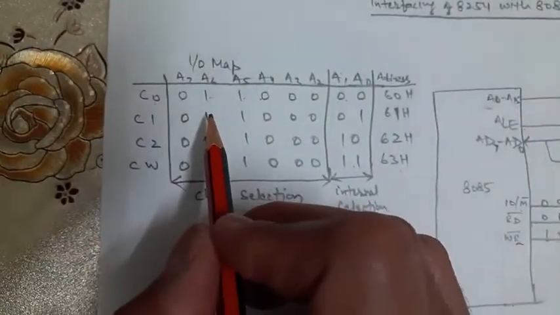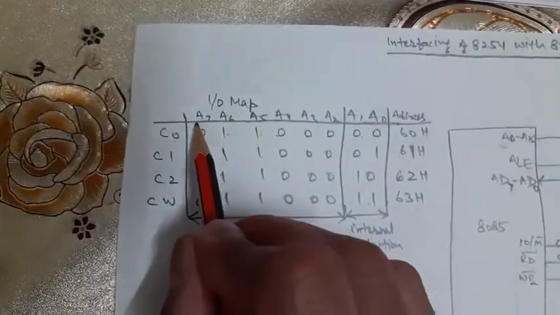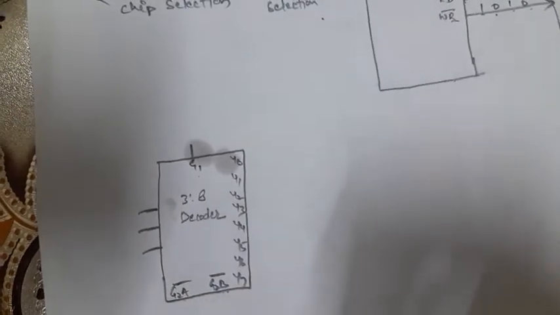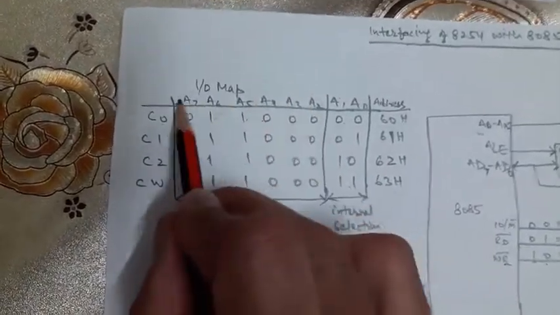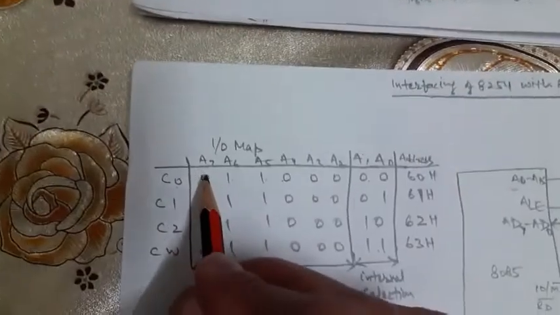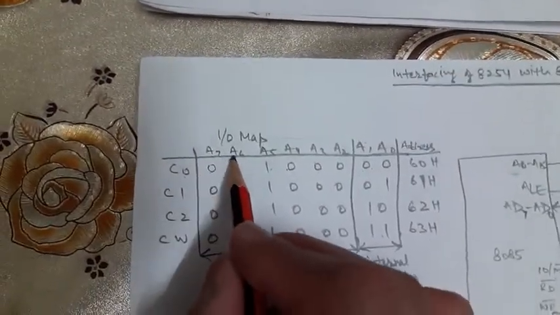Now see, suppose for the sake of resemblance I have always taken A7, A6 and A5 as the input of this decoder. I suggest you take these lines as input, otherwise you can take any three out of these six as the input of the decoder, but for resemblance and convenience I take A7, A6 and A5.